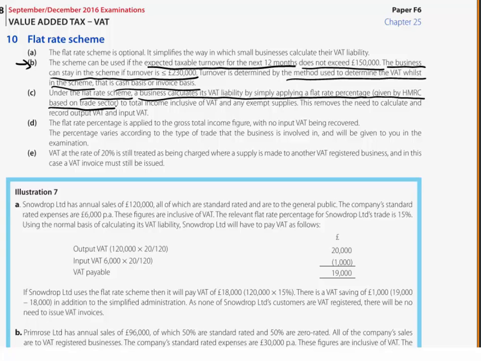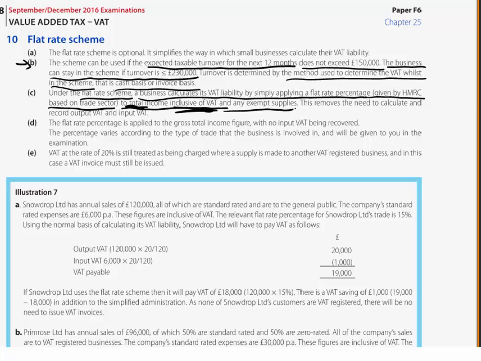And it makes the VAT calculations incredibly simple, because all we do, as it says here, a business calculates its VAT liability by simply applying this given flat rate percentage, and it will be given to you in your exam question, to total income, inclusive of VAT, and any exempt supplies.